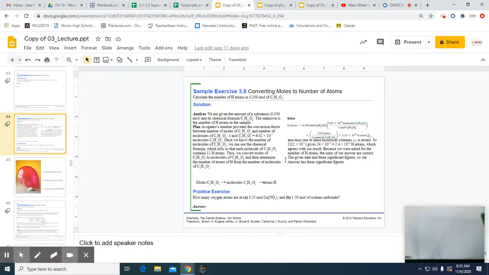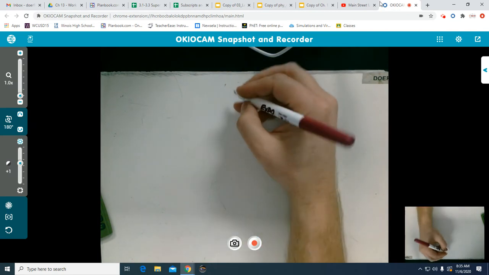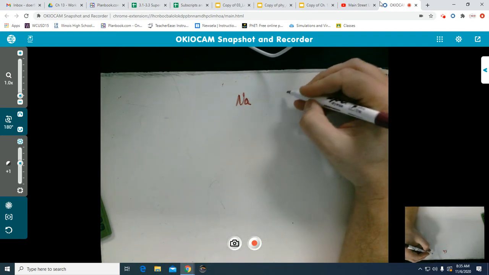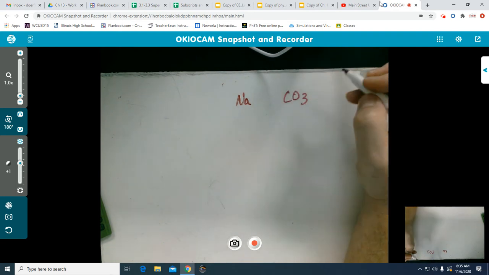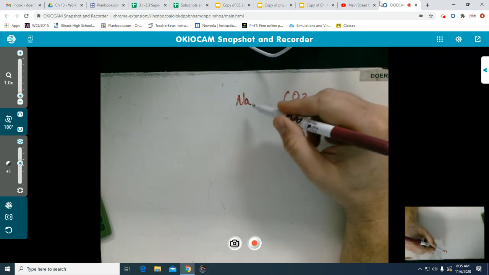Well, we don't know the formula. We have to figure that out based off of the rules of ionic compounds. And so sodium and carbonate, CO3. Is this B? This is B, yes. So carbonate is CO3, sodium is Na.